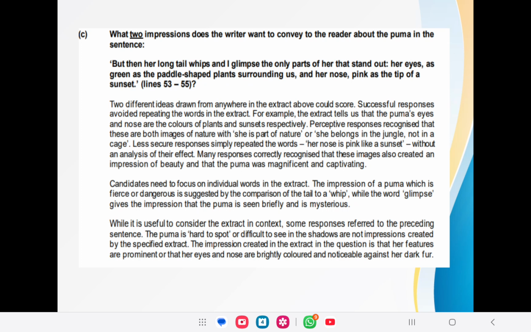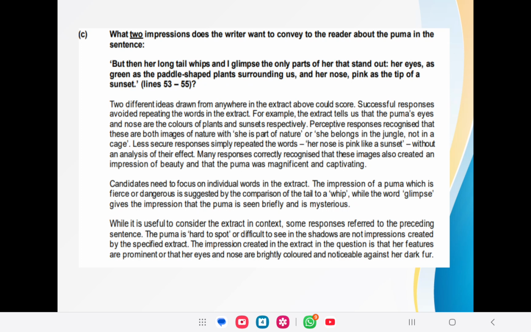The puma is hard to spot or difficult to see in the shadows are not impressions created by the specified extract. So some students, what did they do? Instead of taking out impressions from the given extract, they just went back to the previous one and they came out with the impressions from that. You have to take out impressions from the given sentences only. You cannot bring forward something from the previous or the later part of the text.